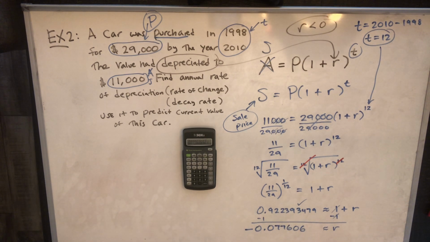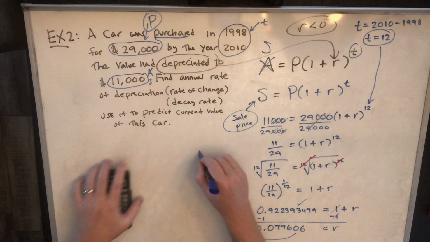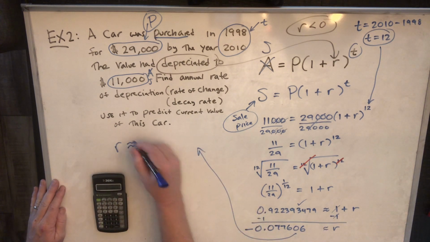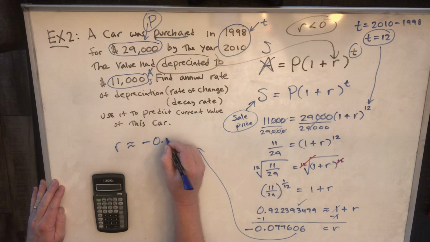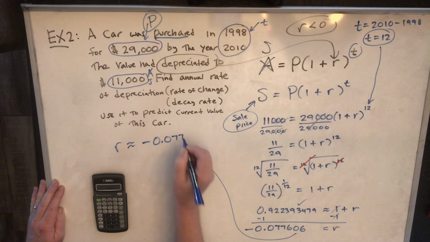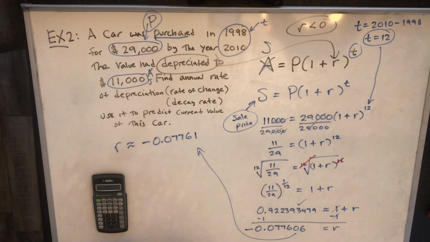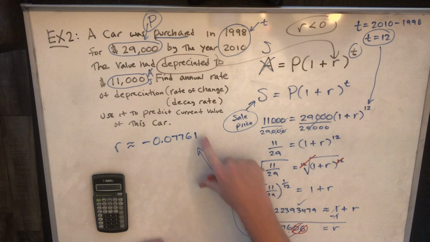0.077606. Round that to 4 decimal places. So that is 0.7761. I take that back. We're just going to throw away these and make that a 0.